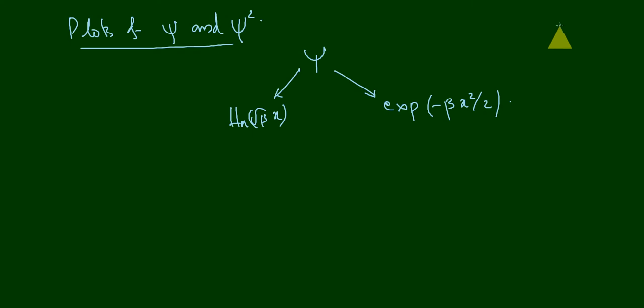For example, suppose this is your axis, this is x equal to 0, this is the plus x direction, and this is the minus x direction. Suppose you have a function like this, and this is the plot of the function in the minus x direction, and this is the plot in the plus x direction.